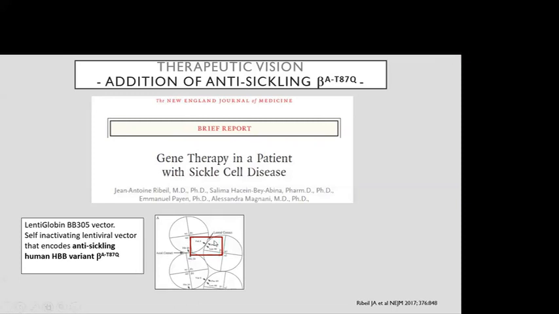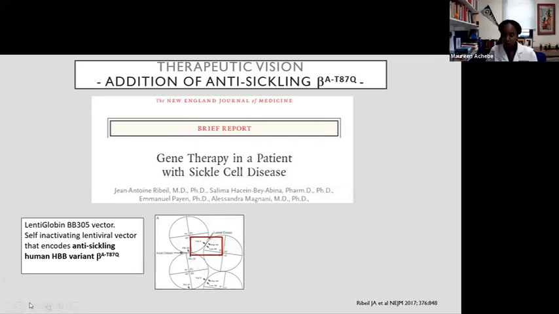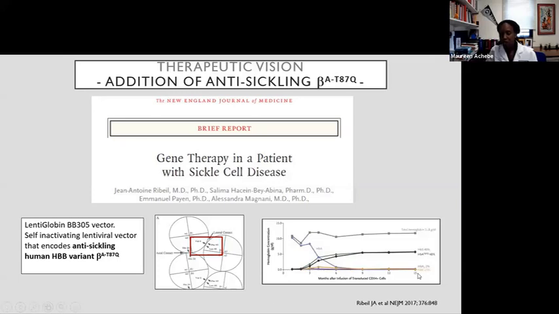They were able to disrupt this contact, and they were able to present their patient up to 15 months out who still had 50% of the gene product, 50% of his own hemoglobin. He had a total hemoglobin of 11.8 and had no symptoms of sickle cell disease since gene therapy.